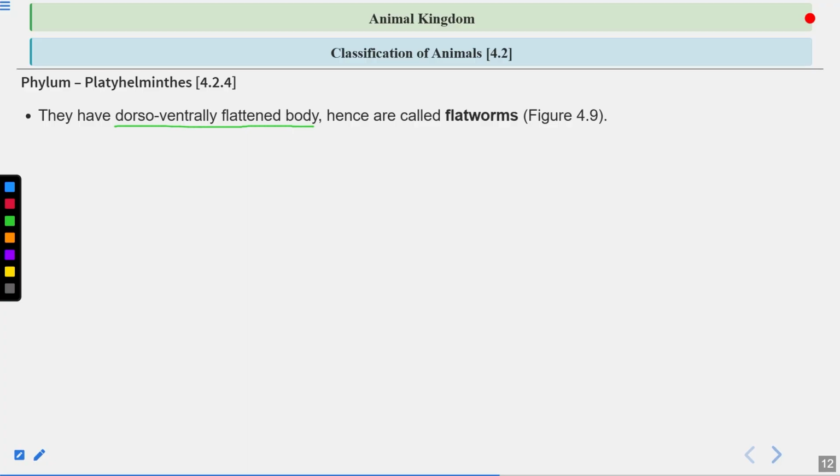Similarly, the worms are dorso-ventrally flattened, and that is why these worms are commonly called flatworms. If you see the name of the phylum, Platyhelminthes, divide it here. Platy means flat, and helminths means worms, flatworms, right?